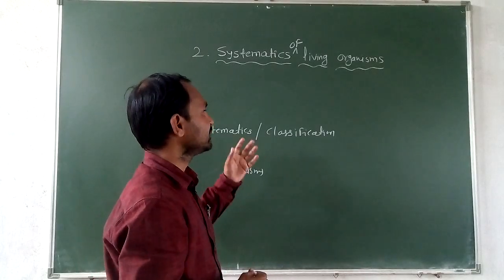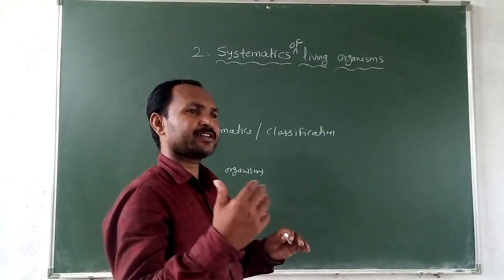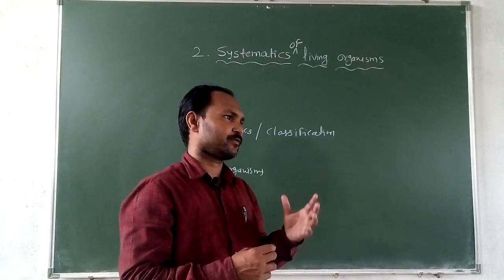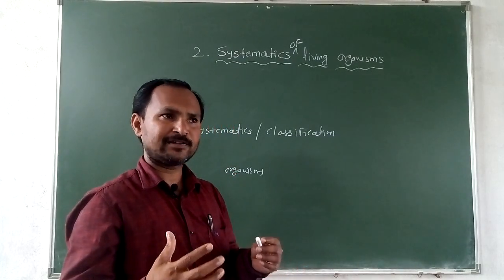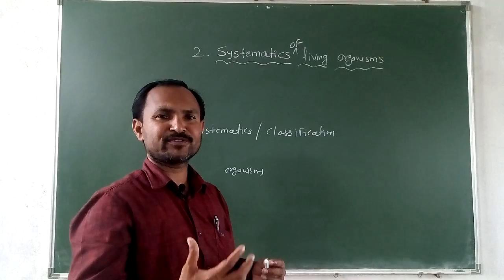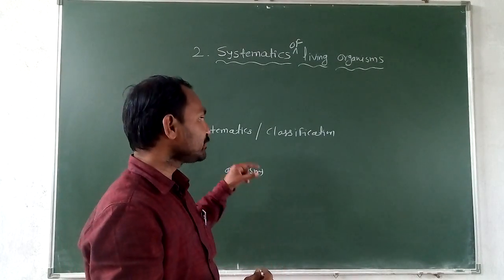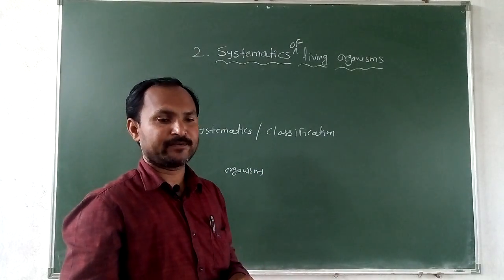That we will study in this chapter. To classify organisms, we have to identify their characteristics, what characters are present, and where the organism is found. Then we can take benefit from such organisms. For getting the benefit, we need to classify them first.